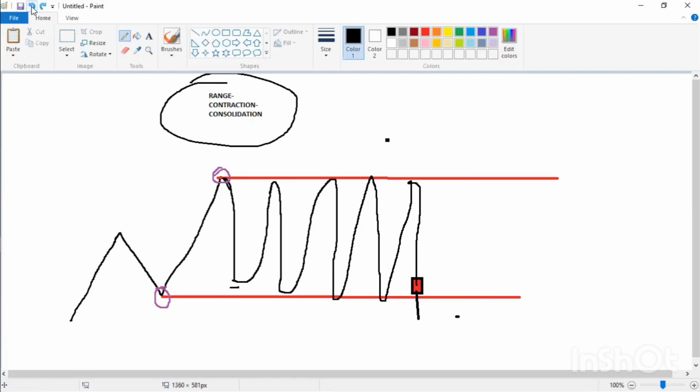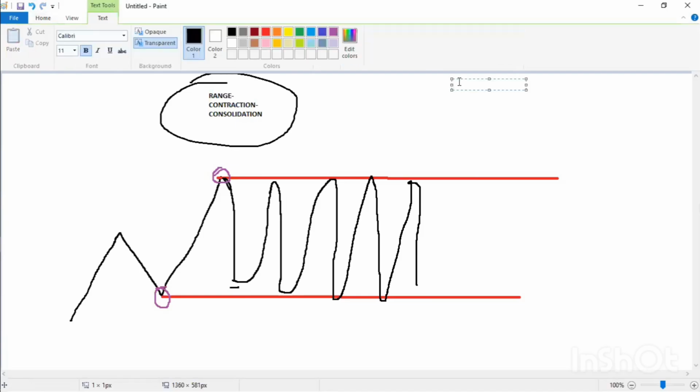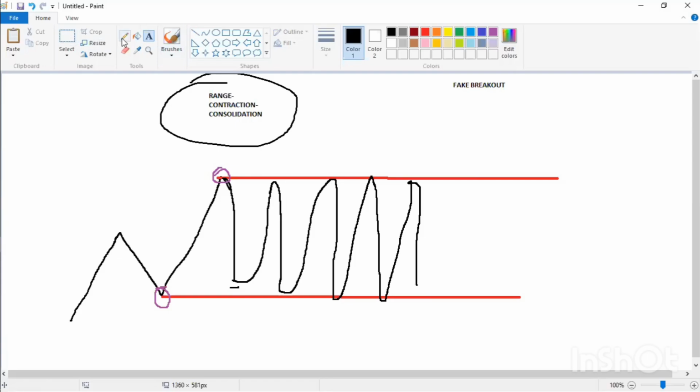Right, that's that part. The other thing is, I'm going to teach you what a fake breakout is. That's the one you find in a range. So when you see a BMS, this becomes a lower low. So we are expecting a lower high, then lower low.